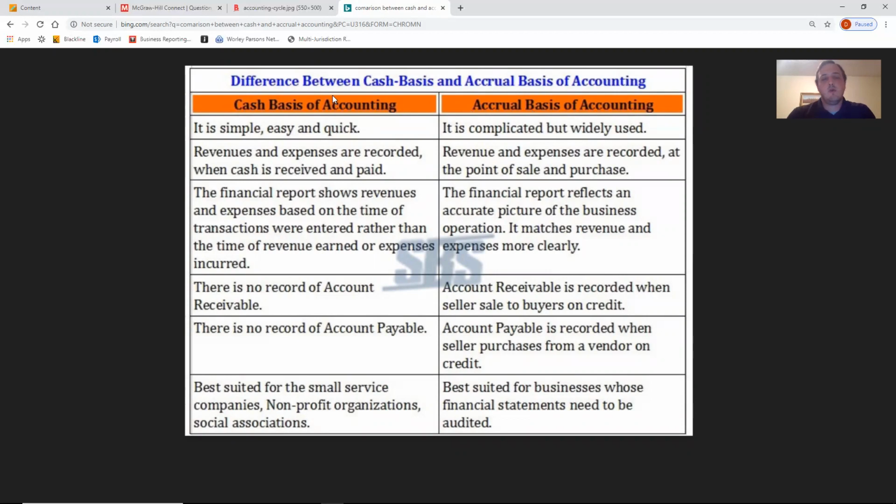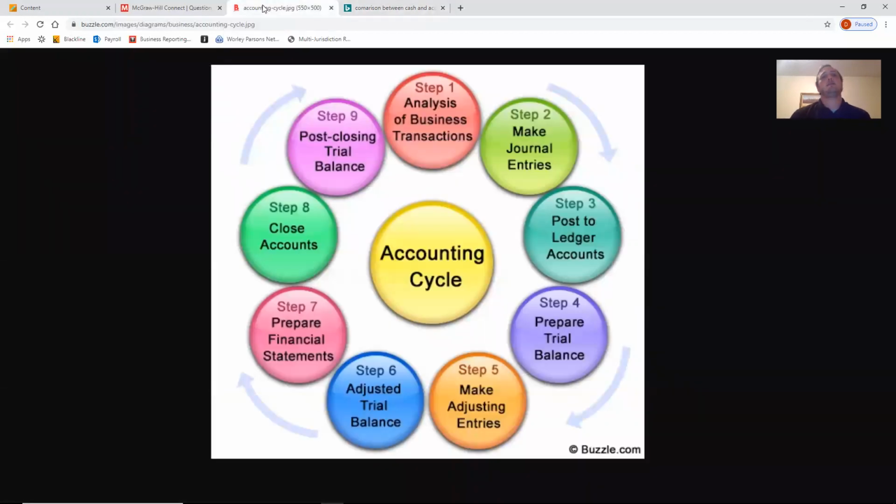And so when we're talking about when, I wanted to look through the accounting cycle. You should have some type of graph like this in your textbook, walking through this. Based off of where you are as an accountant in your career, or what you're using this for, you might be in different parts of this cycle.